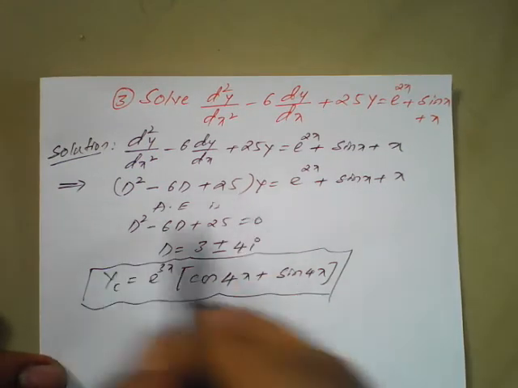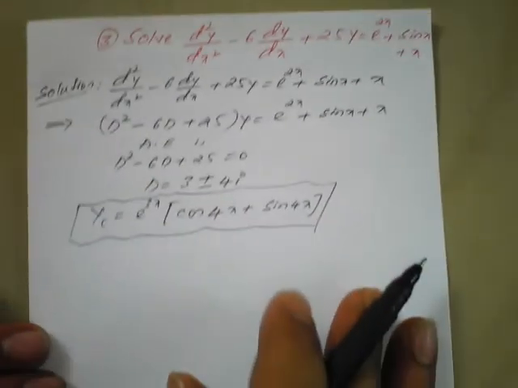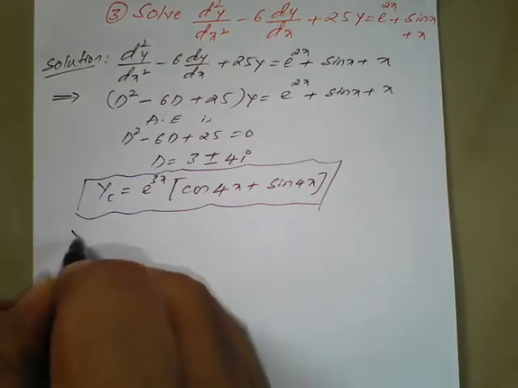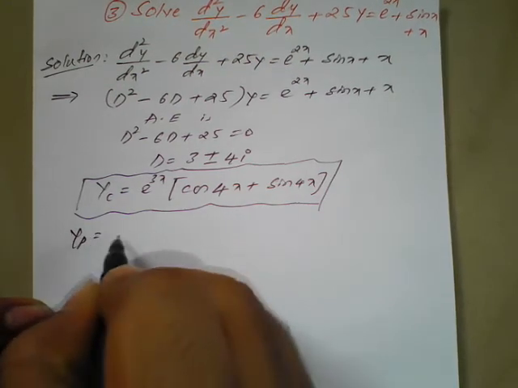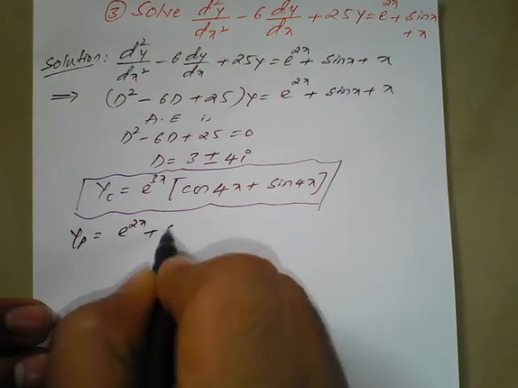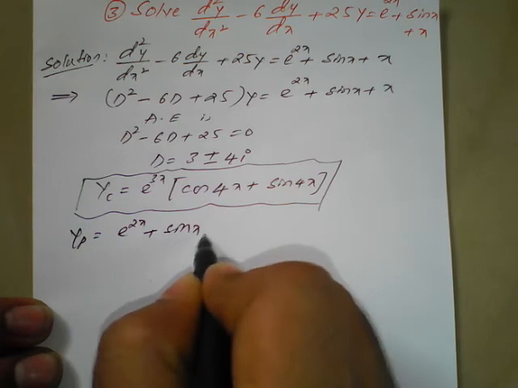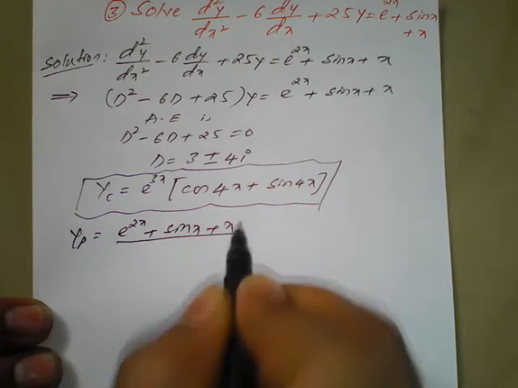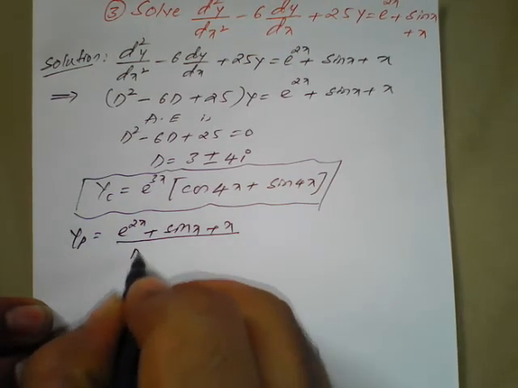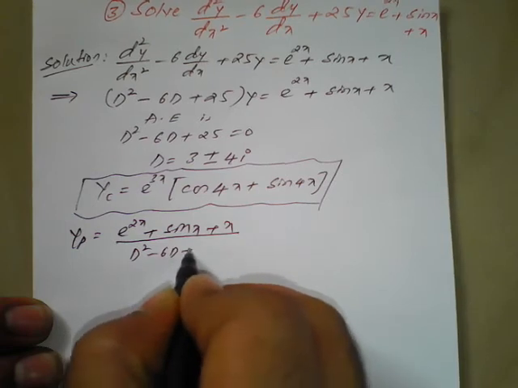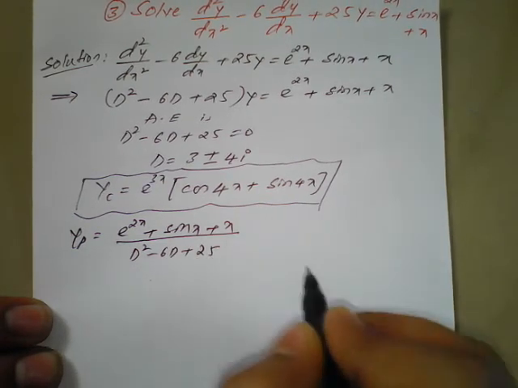So the auxiliary equation you simplify and get the yc here. Now yp is given by e raised to 2x plus sin x plus x divided by d square minus 6d plus 25.